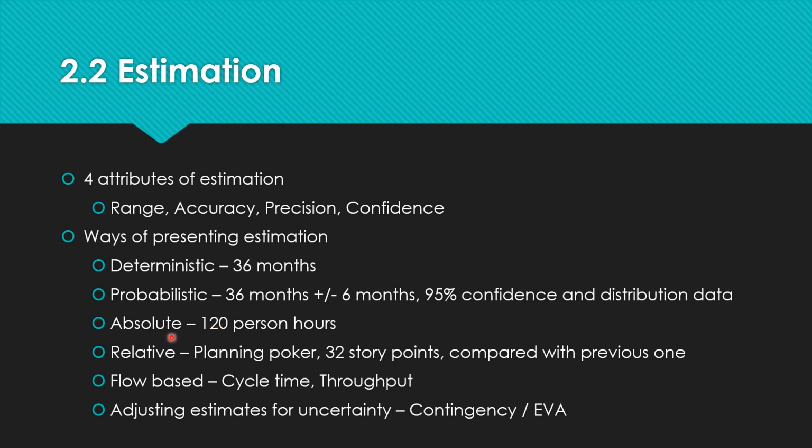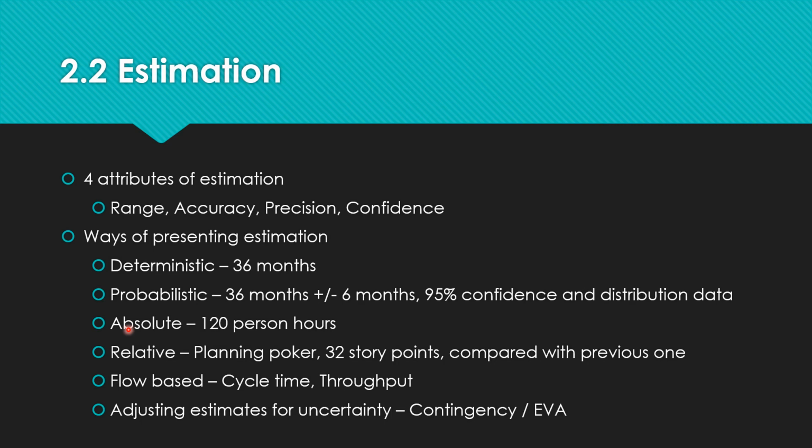You can go with the absolute estimation, saying that this particular activity is going to take 120 hours. Instead of that, you can go for relative sizing. Most of the adaptive methods in the current scenario use relative sizing.